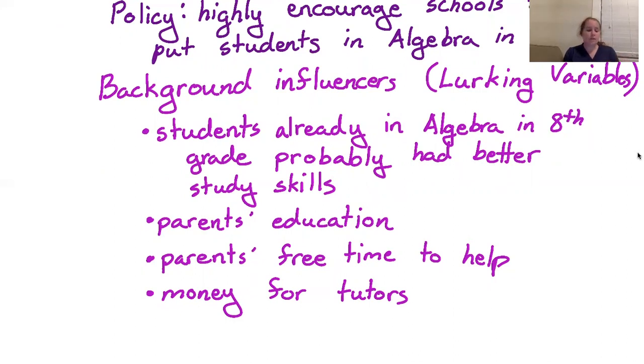So if policy doesn't recognize the things in the background that caused the pattern, then just making a sudden change in policy can have consequences. So it's important to pay attention to this: when we're studying these relationships, we're just noticing that a pattern exists, not that there is a causal relationship.